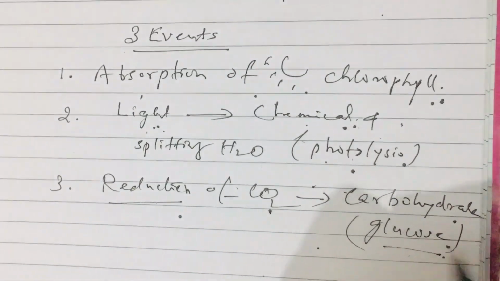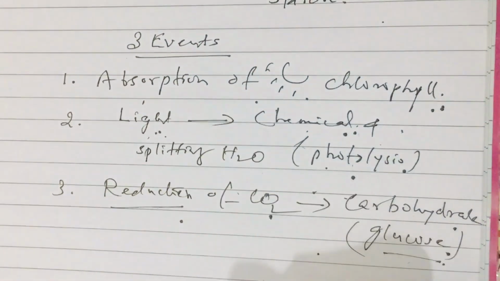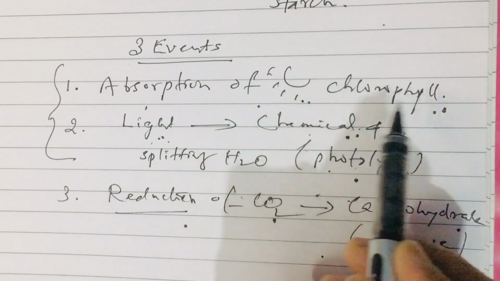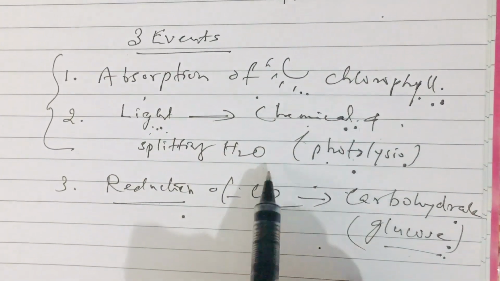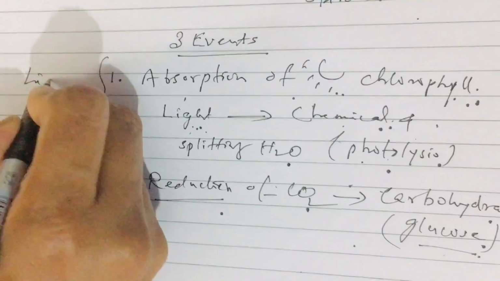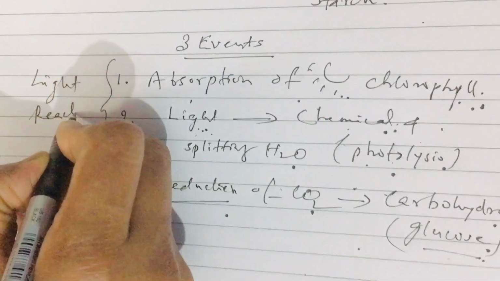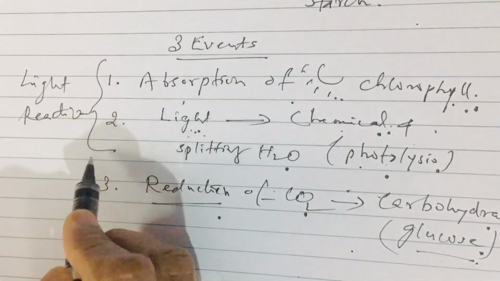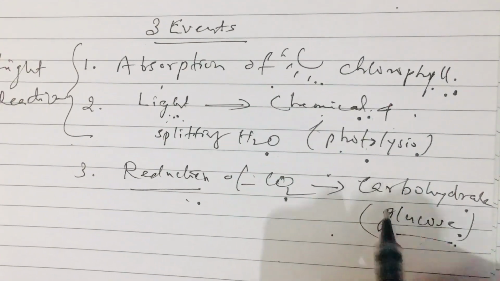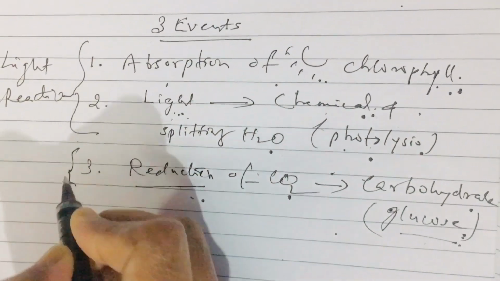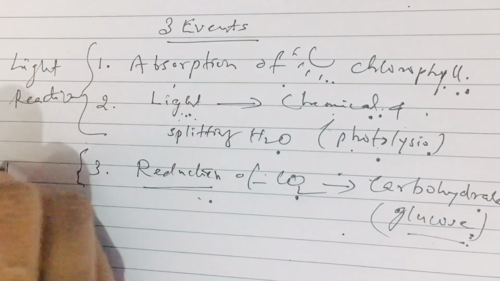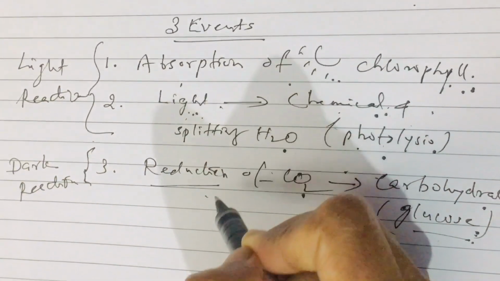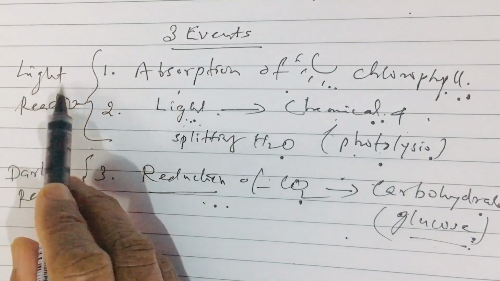Out of these three, the first two, that is absorption of light by chlorophyll and conversion of light to chemical energy and splitting of water, come under light reaction, because these two events need light. It happens during the day. Whereas reduction of carbon dioxide to carbohydrate does not require any light. So it is known as the dark phase, dark reaction. So all these three events come under two phases, light reaction and dark reaction.